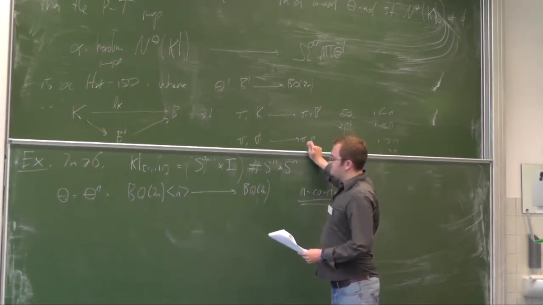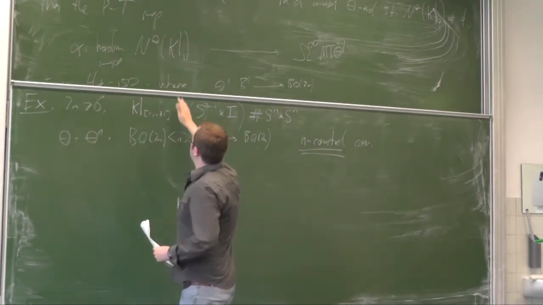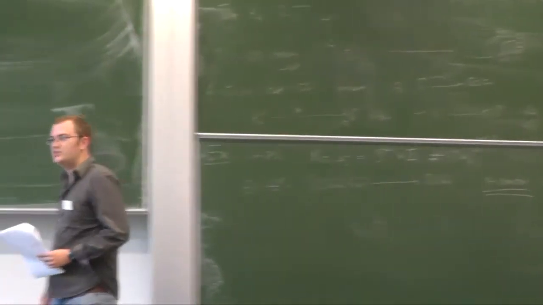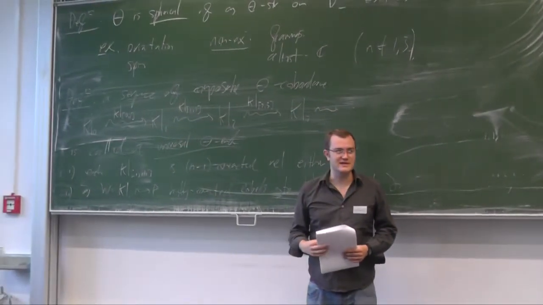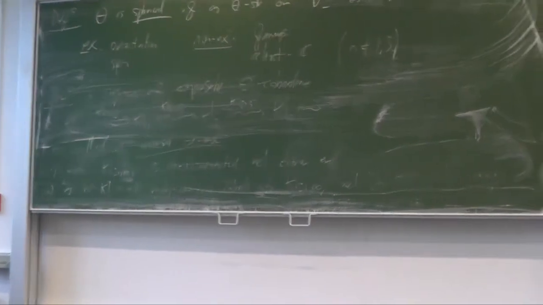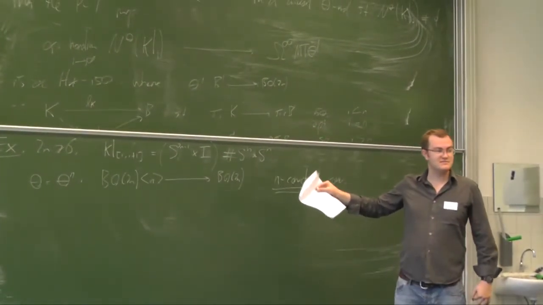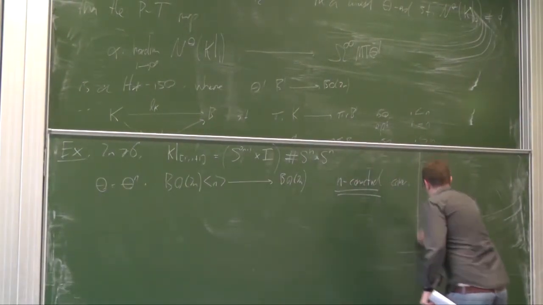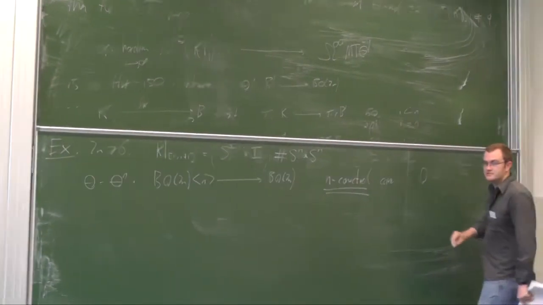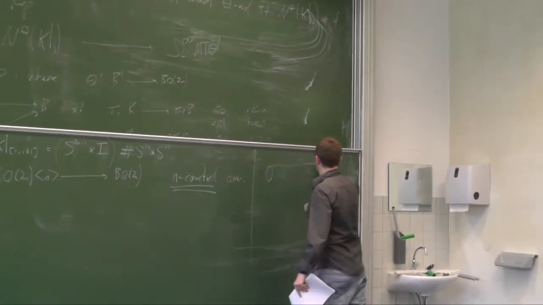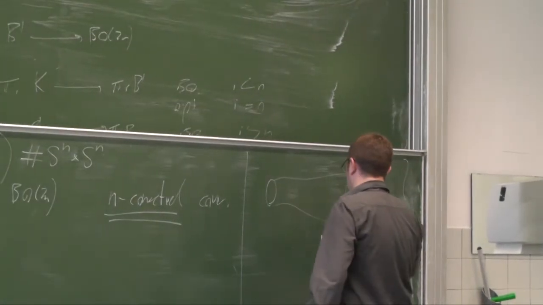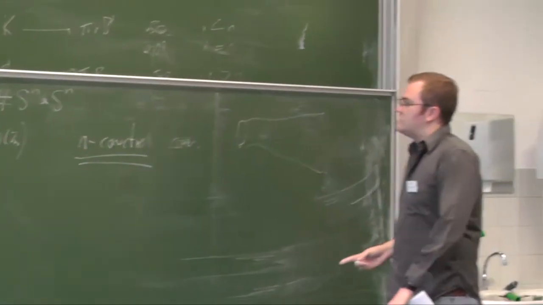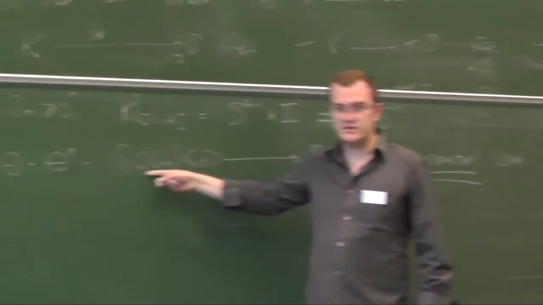I take theta to be that, and now, unfortunately, I've shot myself in the foot because I didn't give you this homotopy theoretic characterization of when something is a universal theta n. But I'll try to go through basically the proof of that in this case. Suppose I have some cobordism from a sphere to something, which is n-connected relative to both ends, and which has one of these structures on it.